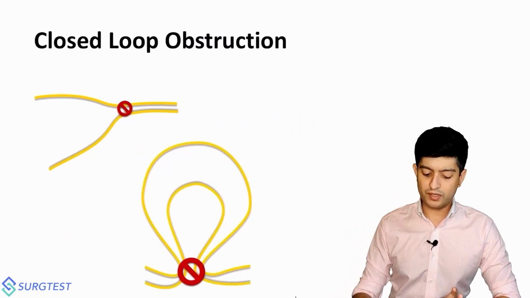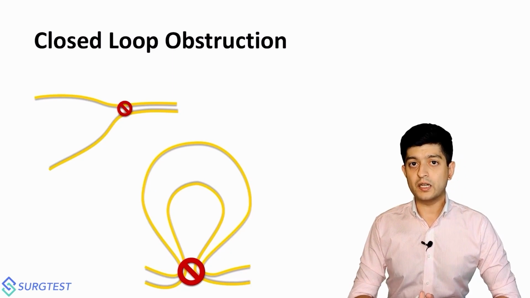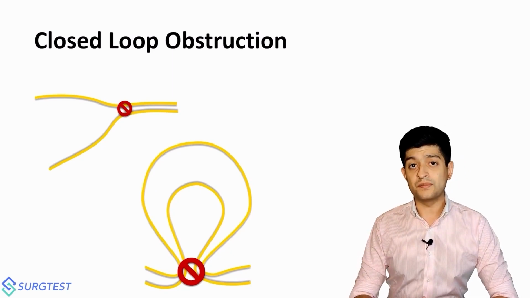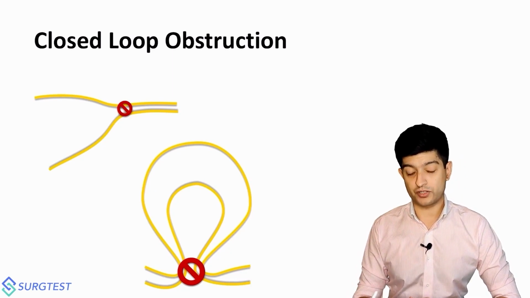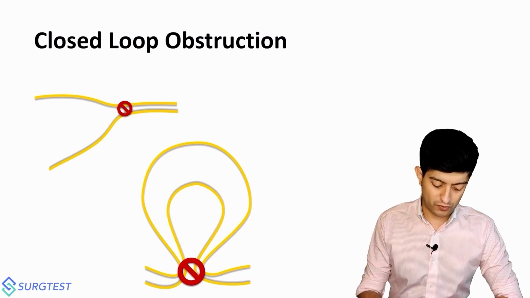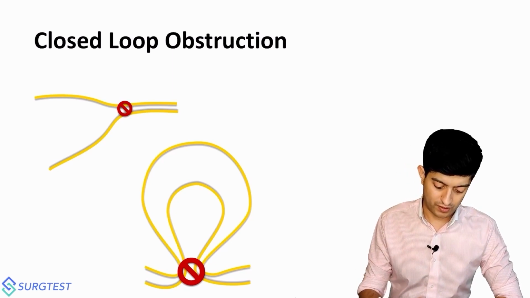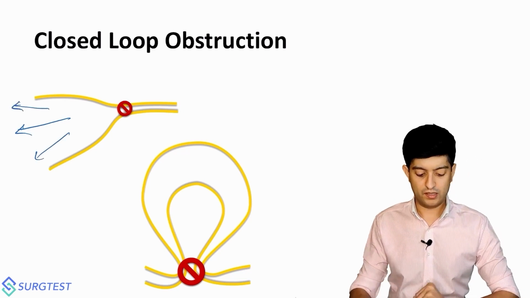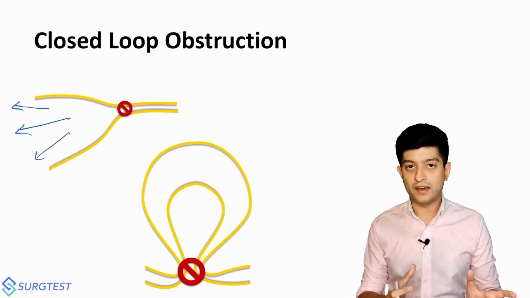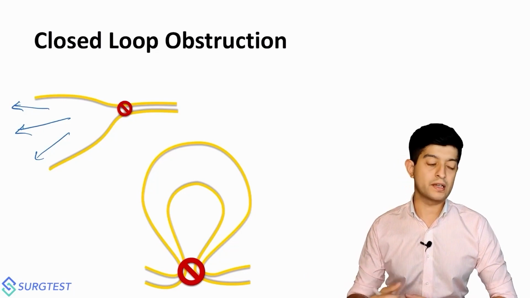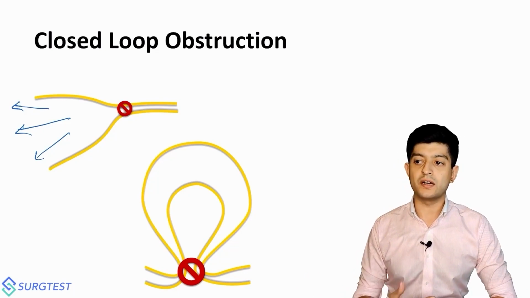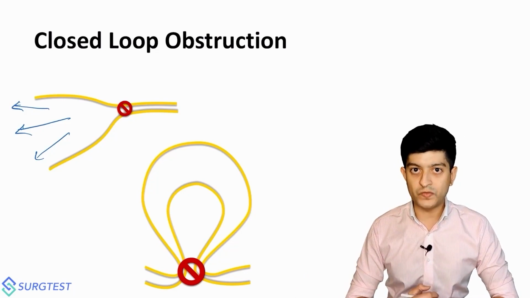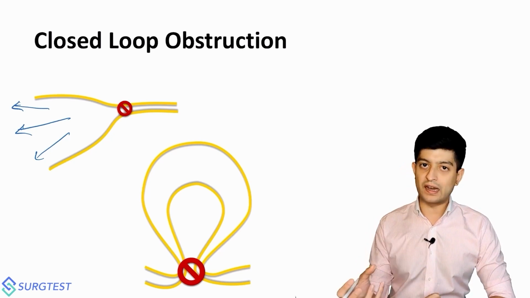Now, let's talk about standard single point obstructions versus something called closed loop obstructions. When we're talking about a single point of obstruction, the proximal segment can decompress more proximally as the obstruction worsens, right?